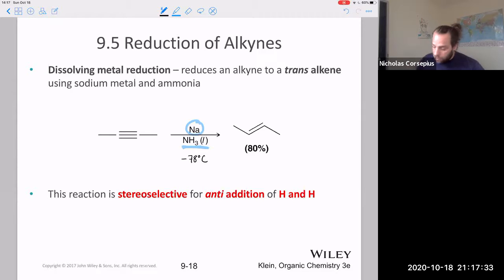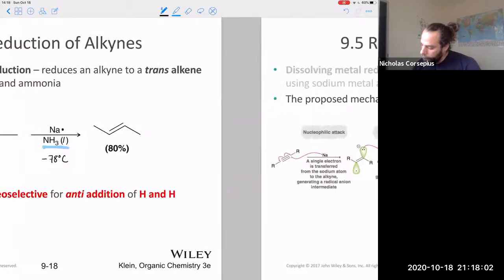So this is actually sodium, not the sodium cation, but we're really talking about sodium metal with its one electron. If we remember back to general chemistry, those first column elements, sodium, potassium, they really, really want to get rid of that electron, right? So if we didn't do this under really, really cold conditions, it would be a little bit explosive. So that's part of the reason why we're going to do this in liquid ammonia.